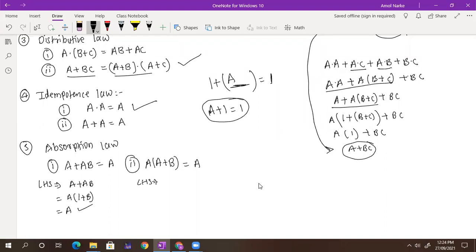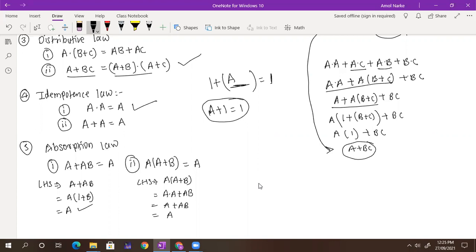Because this is just another way. If you multiply that, what are you getting? A into A plus A into B. Am I correct? A into A is again A, and you are getting again AB. So you are getting this term, and by using this you can write it down.